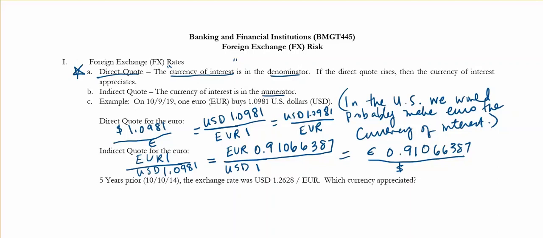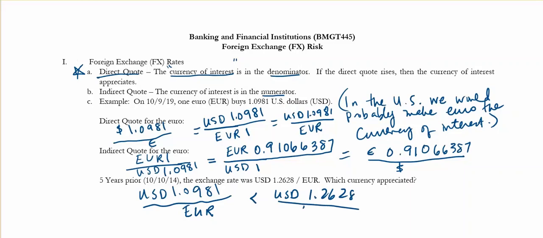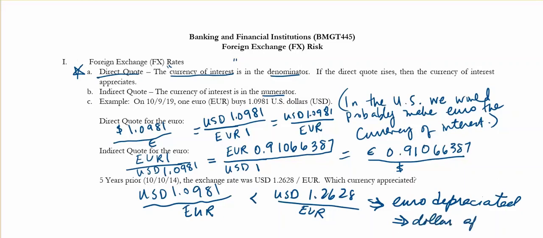So since 1.0981 is less than 1.2628, which was the exchange rate 5 years prior, the euro depreciated, which means it lost value. And if the euro depreciated, then that meant that the dollar appreciated.